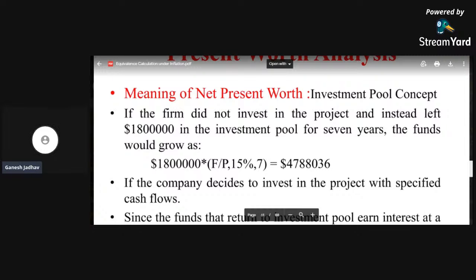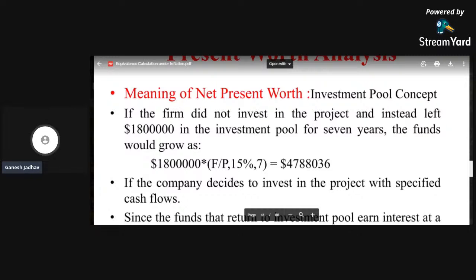This is 1.8 million, okay. We can also calculate it with 1.15. So how can you calculate it?